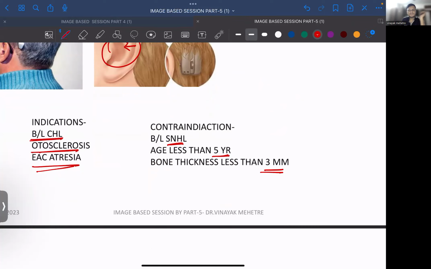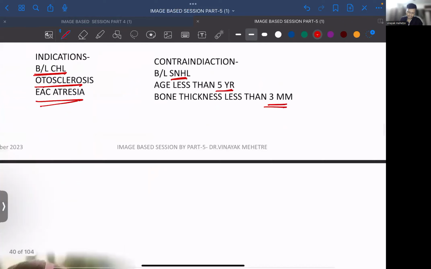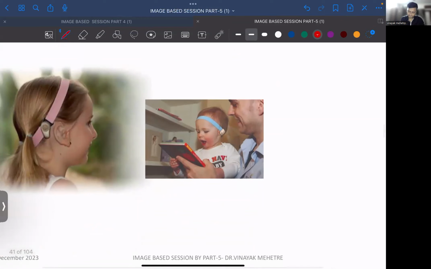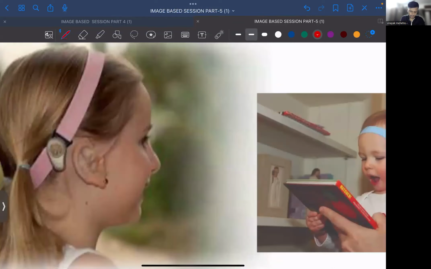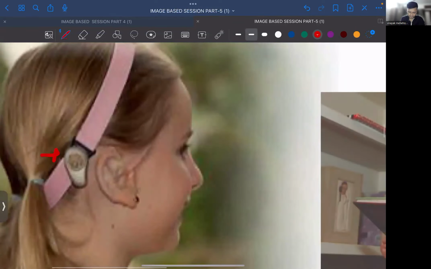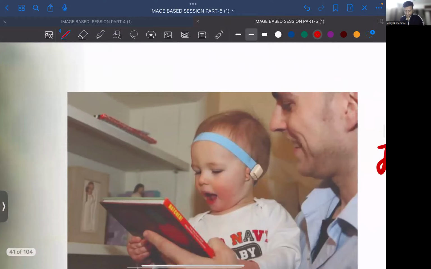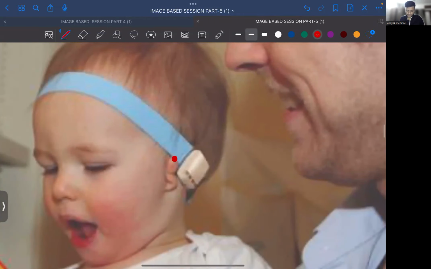So what we will do, instead of drilling in the bone, we can give soft band. Right, बच्चों को बैंड पसंद आते हैं सभी. We will give soft band. Even if you can appreciate, like look over here, it is external auditory canal atresia. Take a look. छोटा सा ईयर है, कंप्लीट ईयर नहीं है.